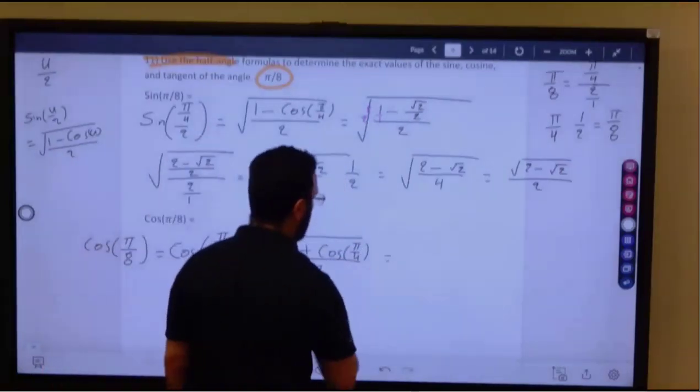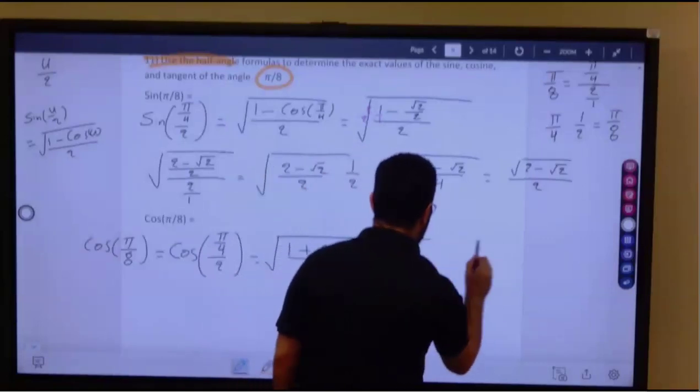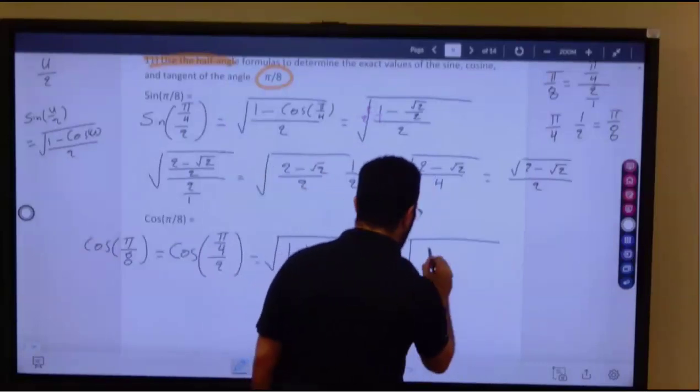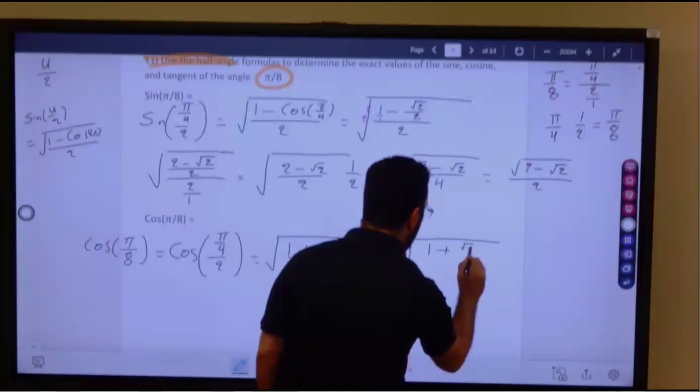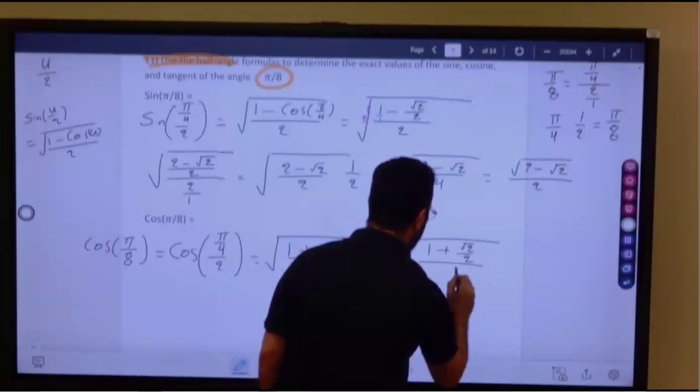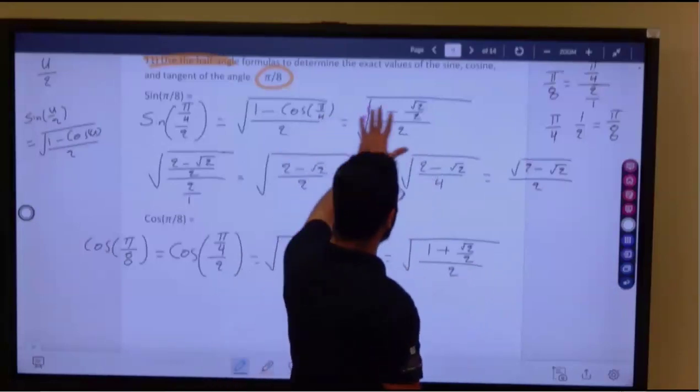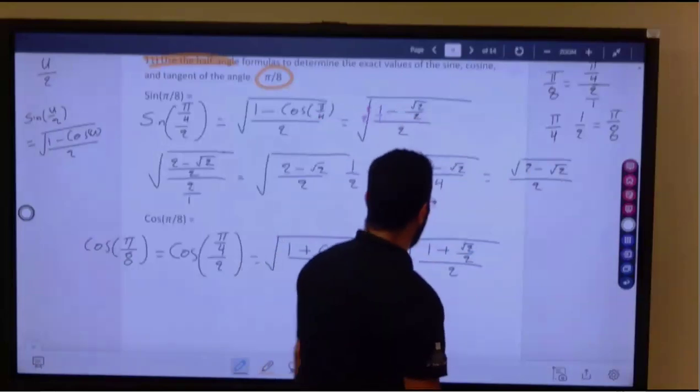And this one is going to be equal to square root of 1 plus square root of 2 divided by 2, and everything divided by 2. So it's the same steps here, the only difference is going to be plus.